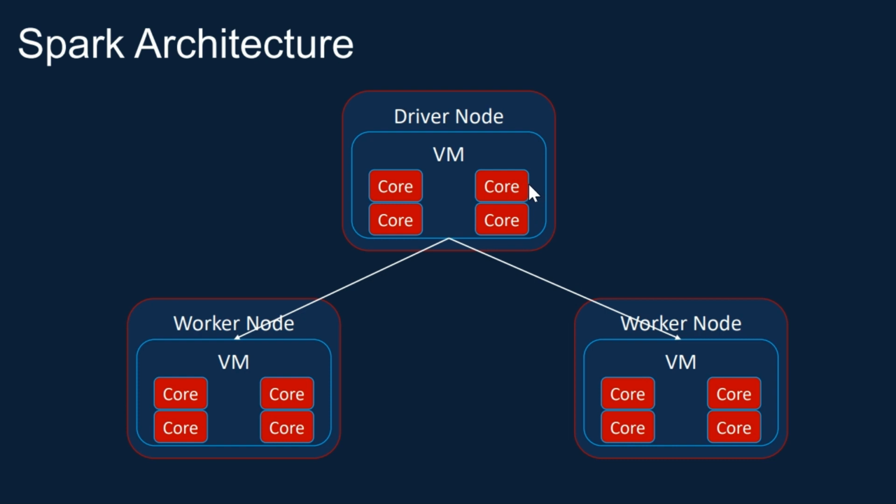For example, it communicates with the cluster manager to allocate resources and identify the number of jobs, tasks, and stages to be created. In this way, it communicates with the cluster manager. The work can be parallelized in this way.